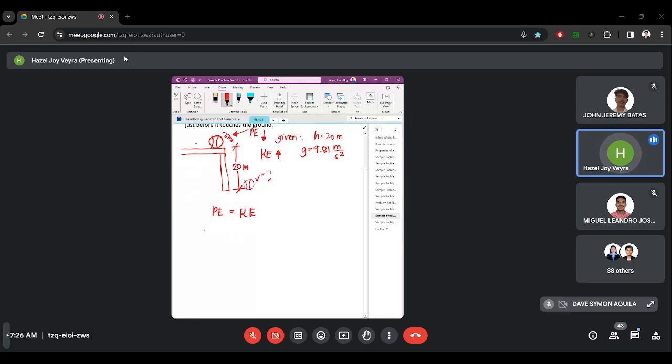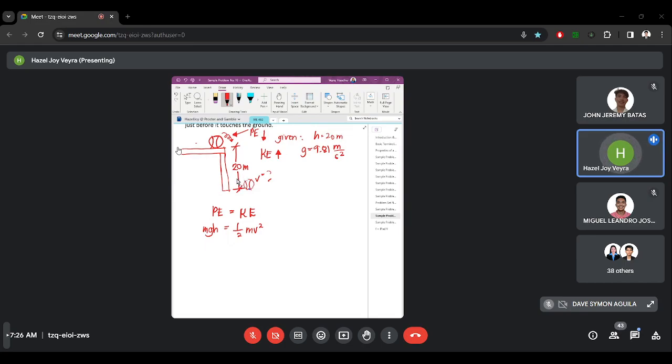So, formula lang tayo, no? For potential energy, our formula is mgh. And then for kinetic energy, our formula is 1 half mv squared. So since we are not given of mass and both of the equations here contain the mass value, pwede naman siyang makancel na, no?